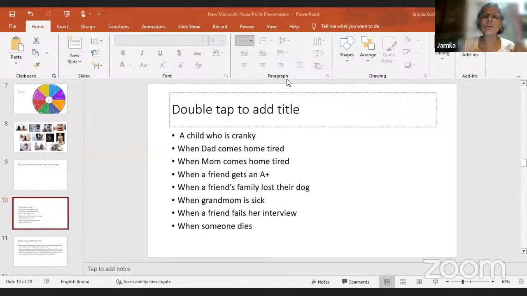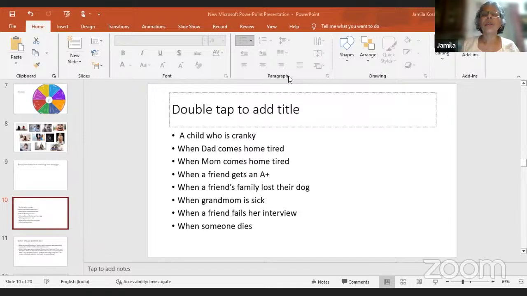All right. Now, suppose dad comes home tired. Can we just put it into the chat box? It will probably be faster that way, and everybody gets a chance to respond. Suppose a dad comes home tired. How do we demonstrate to the child how we respond to each other? What should we do if dad comes home tired? Allow her to settle.